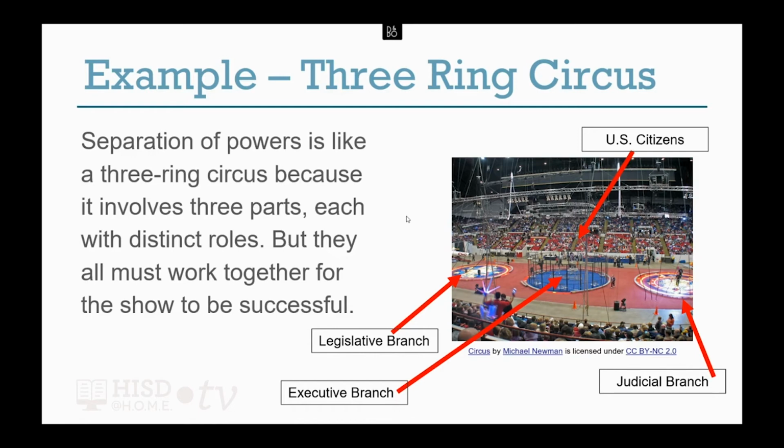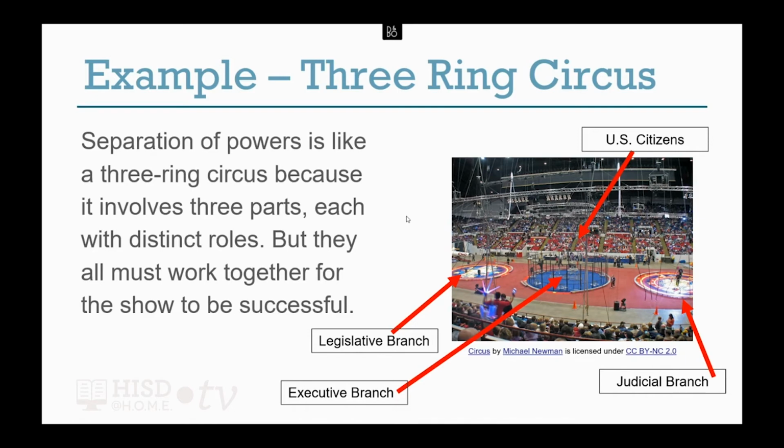All right, so then I have my picture and then I labeled each part of the picture. So the ring in the middle, I said, was the executive branch. That's usually where the ringmaster of the circus is. I know the executive branch is where the president resides. So sometimes you might be able to consider the president like the ringmaster. And then the 2 rings on the outside, I labeled the legislative branch and the judicial branch.